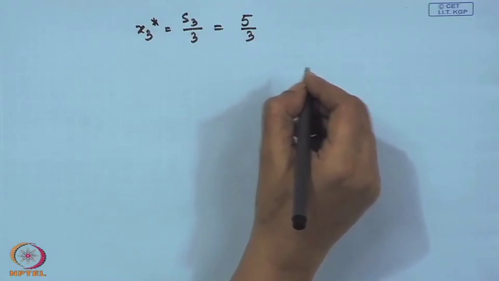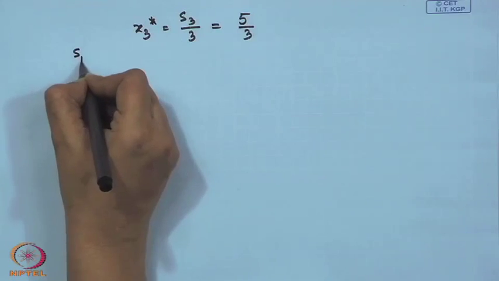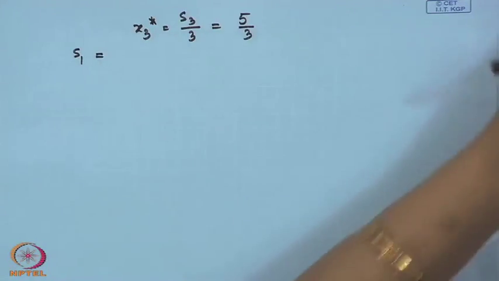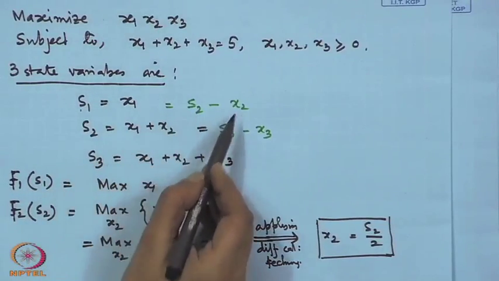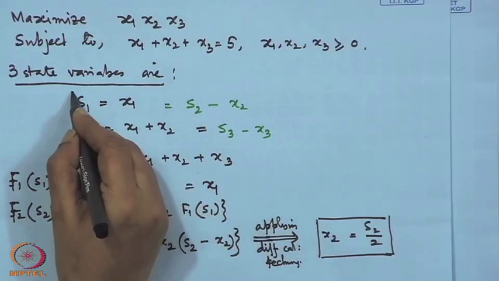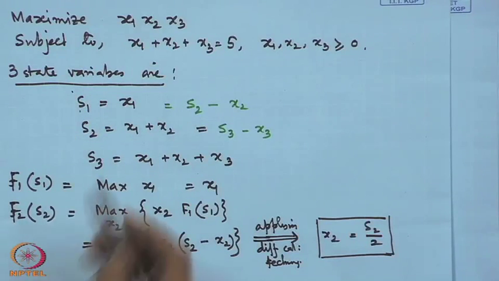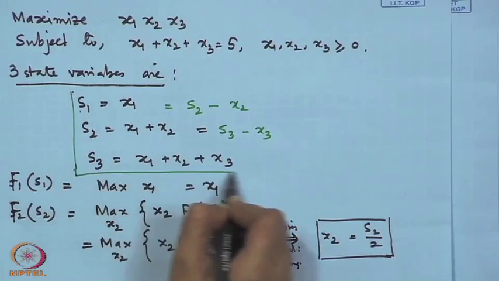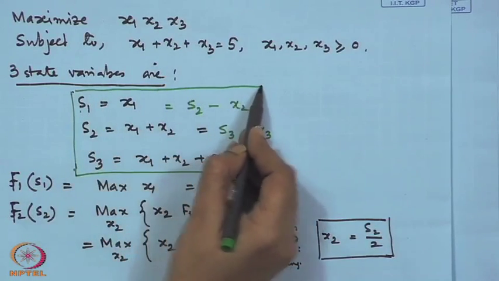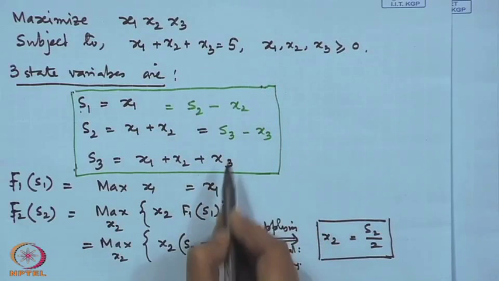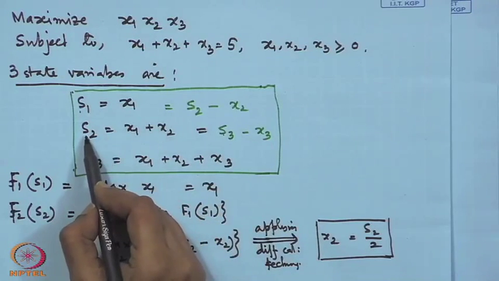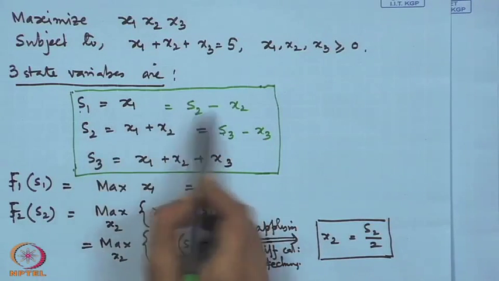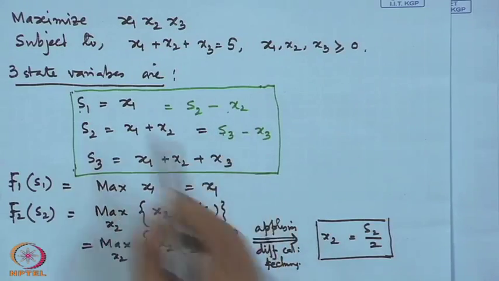When we have reached this point, x3 is equal to 5 by 3, we have the relations with us, that is s1 is equal to x1, s2, x2, this relation. From this relation, by substituting the value of x3 as we got, that is 5 minus 5 by 3, we will get s2. Once we are getting x2, after substitution we will get the value for s1.